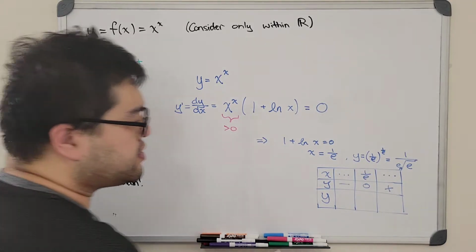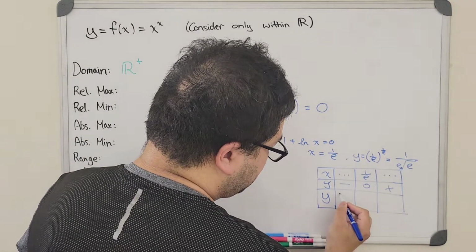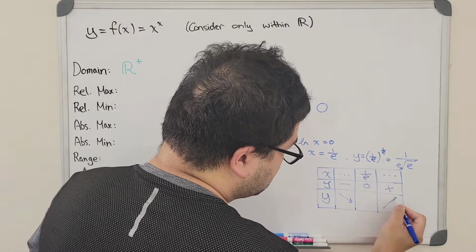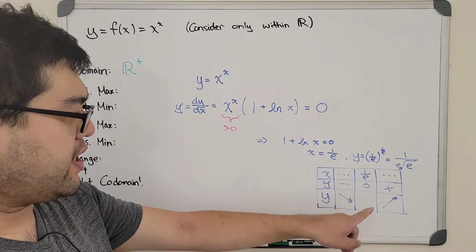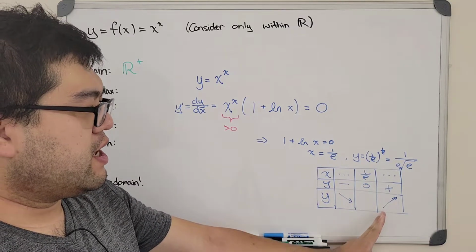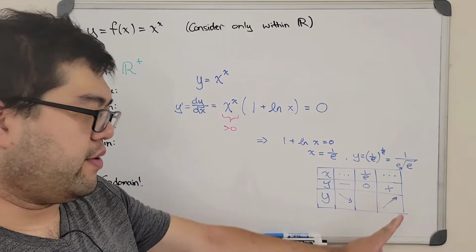How is this going to help us? Well, this is going to show us that the graph looks like this. It's going to first go down before we hit 1 over e, and then after that point, it's going to go back up.